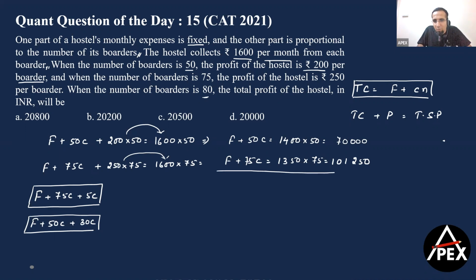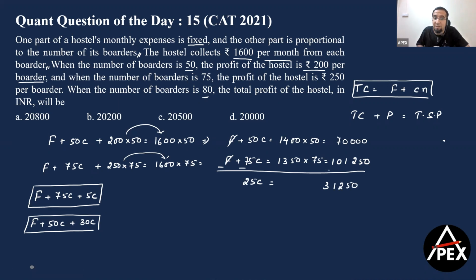Now solving these two equations, the fixed cost gets cancelled. So you see that we get 25C is equal to 1 lakh 1,250 minus 70,000. So 70,000 plus 30,000 is 1 lakh, and this becomes 31,250. Now I'll smartly use this.